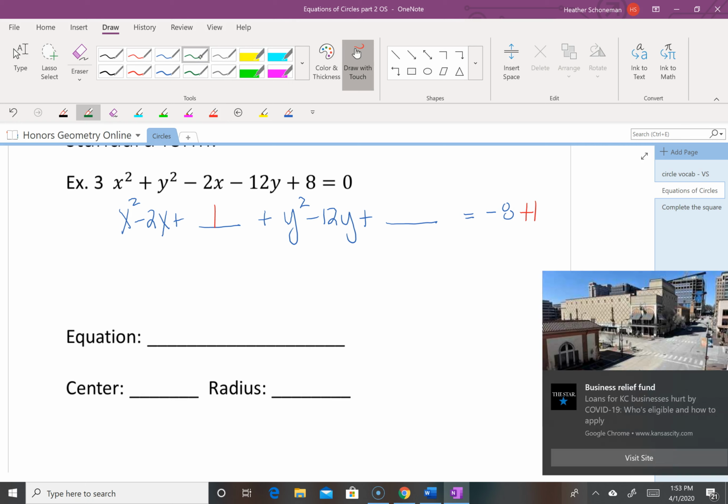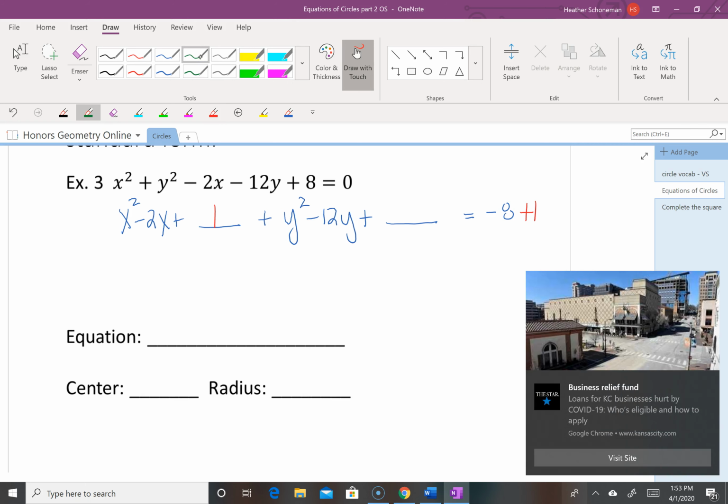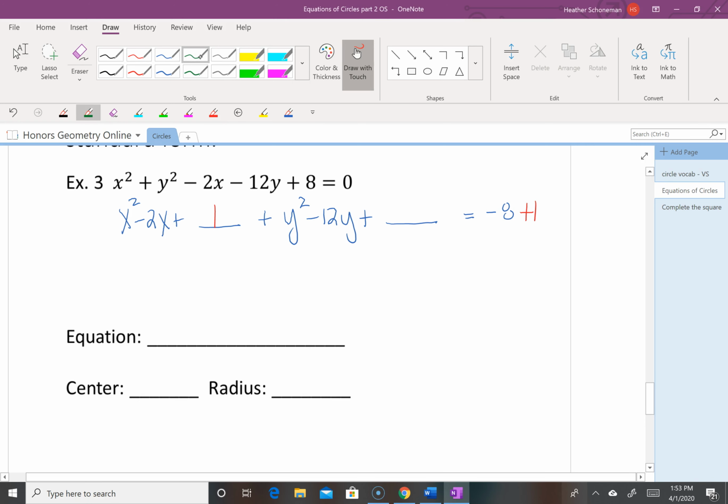For the y's, half of -12 is -6. -6 squared is +36. Okay, so when I rewrite this, factoring the first trinomial, or just taking half of this middle number, I'm going to get x minus 1 squared. Plus over here would be y minus 6 squared, because half of -12 is -6.